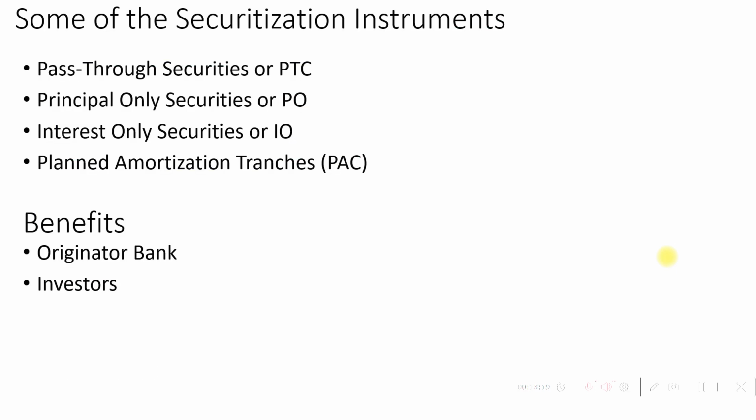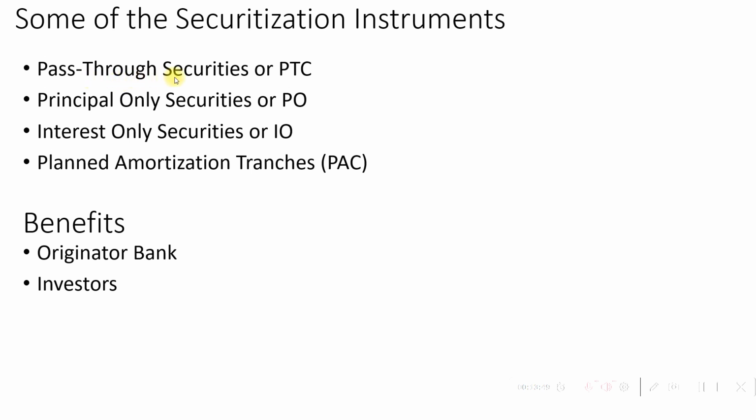Next, we will take a look at some of the securitization instruments. So what are they? There is pass-through securities, principal-only securities, interest-only securities, and planned amortization tranches. So these are the different securitization instruments. We will briefly see what they are. In pass-through securities, these securities are again made by the SPV or the special purpose vehicle, and it is sold to the investors.